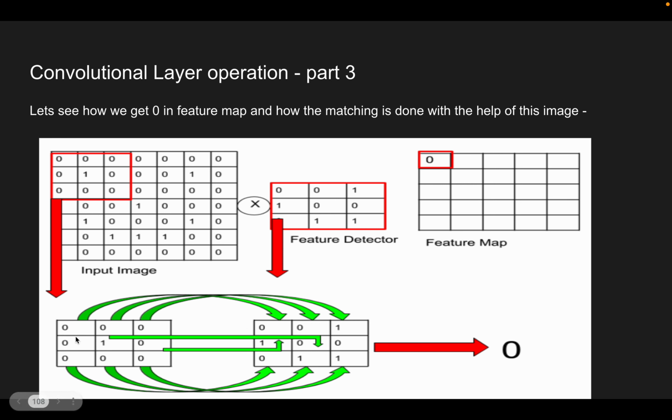Then again with the second row, first, second and third columns, and similarly the third row, first, second and third columns, each multiplied with the corresponding position in the feature detector. After multiplication you sum everything off, and the output of this 3 cross 3 multiplication will be 0. So you put a 0.